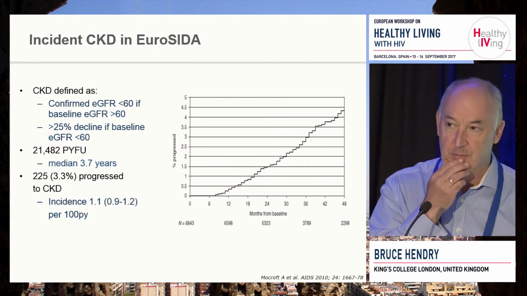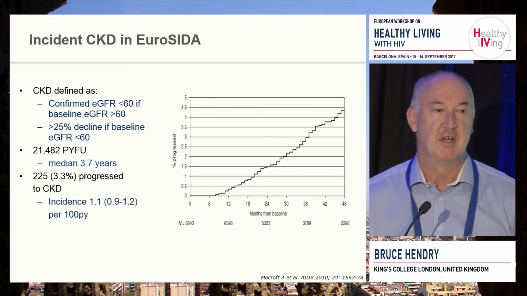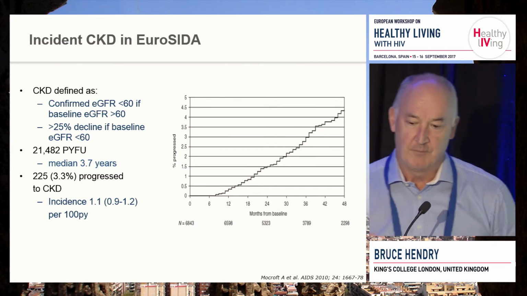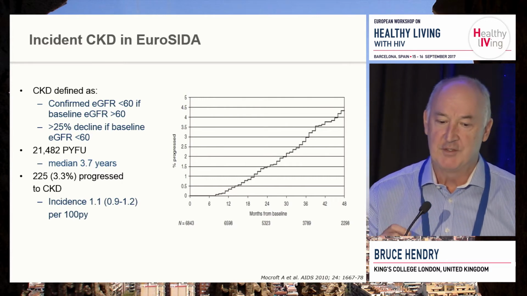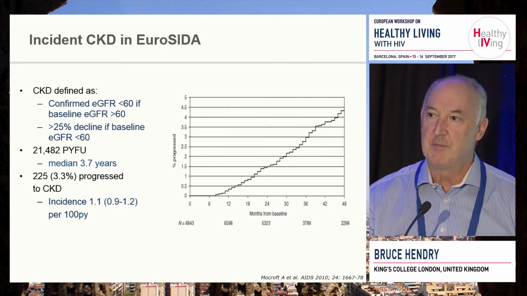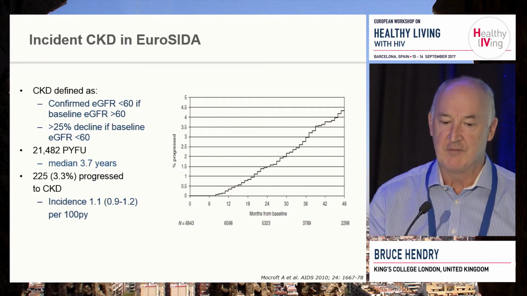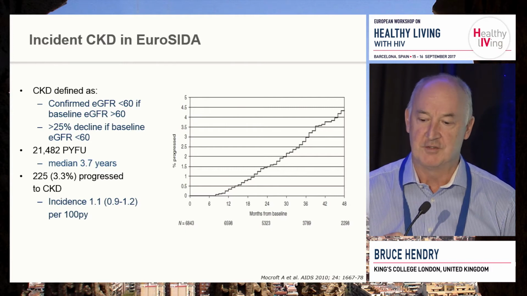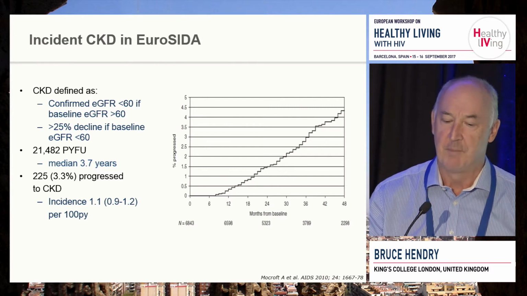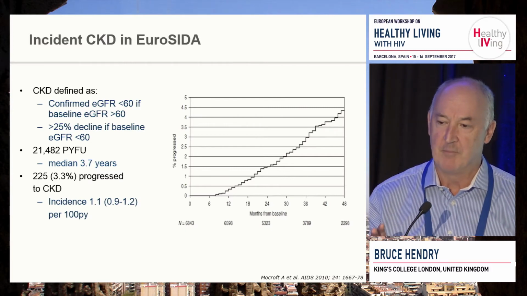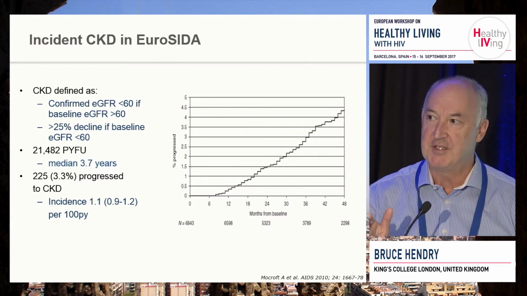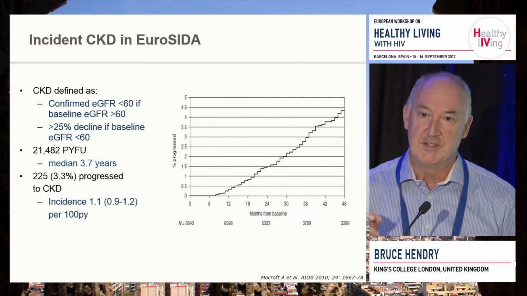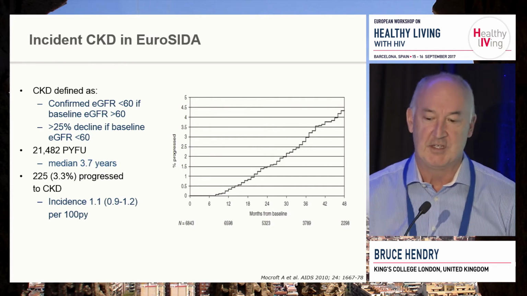How big is the problem of kidney disease in the HIV setting? These are the EuroSIDA data from some years back, and you can see that the new development of CKD in the HIV setting is occurring in between 4 and 5% of patients over a 4-year period. This includes everything. My best estimate of how much ART contributes to that is probably 30 to 40% of it is ART-related CKD.